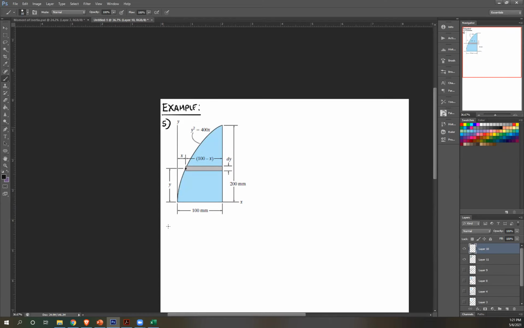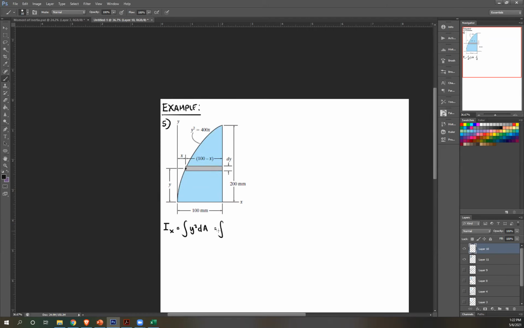Let's solve. I sub x is equal to, our equation was the integral of y squared dA. The reason why I'm using integral is because we don't know what kind of shape this is, or actually this is a segment or a portion of a parabola. But since we don't know the equation for that, we're going to use integrals. So we're going back to the integral of y squared dA, and we're solving it about the x-axis.